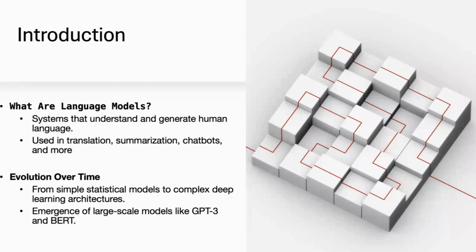But as we scale, as you put out more resources, more compute, we found that things like ChatGPT evolved, with the ability to generate human language on par with an expert, and not just generating human language, but also reasoning power. These language models are now used in translation, summarization, chatbots.